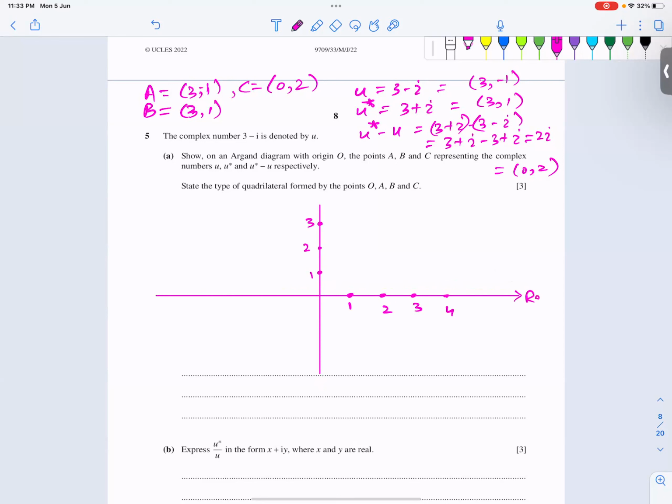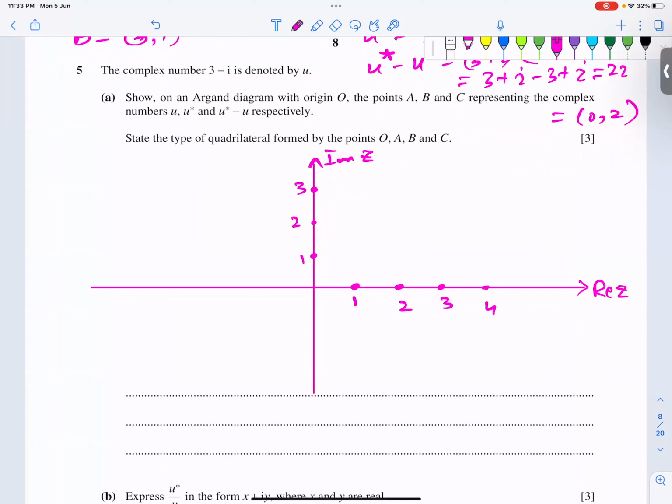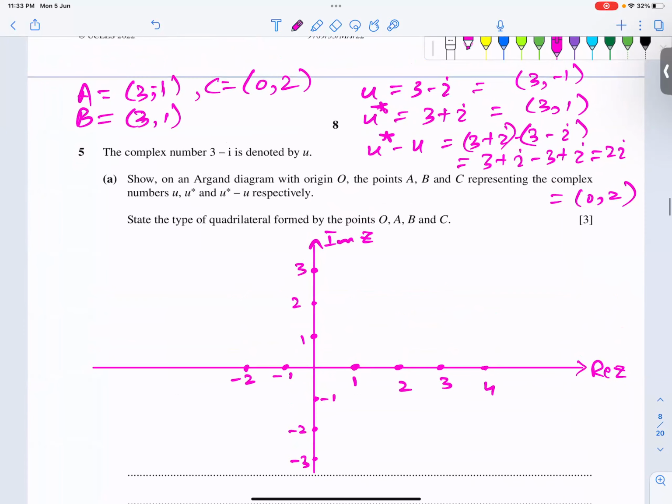This is the real part of z. This is the imaginary part of z. And on the left side, here we have -1, -2, and then -1, -2, -3.